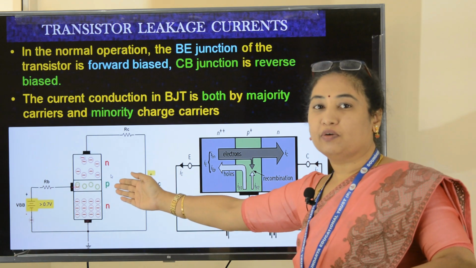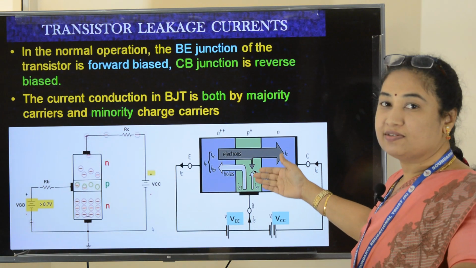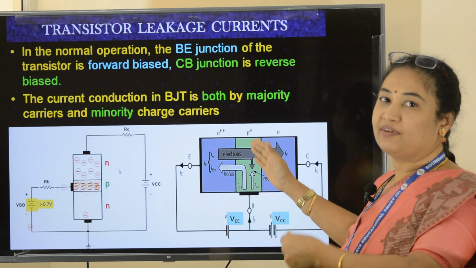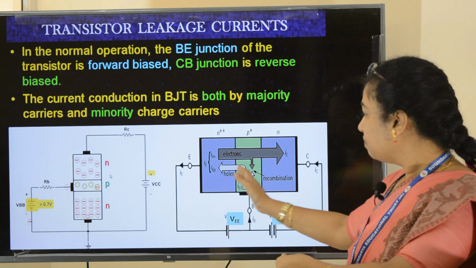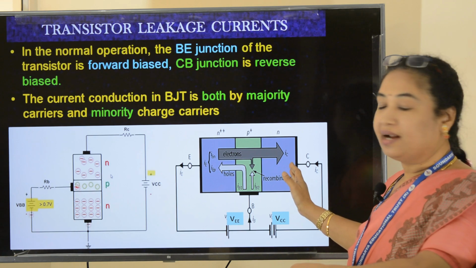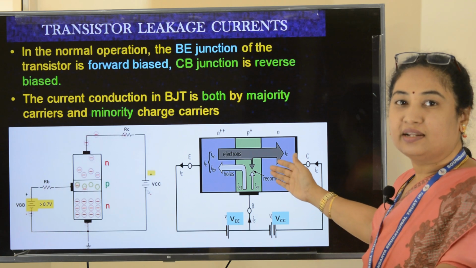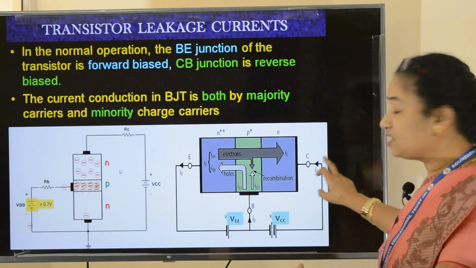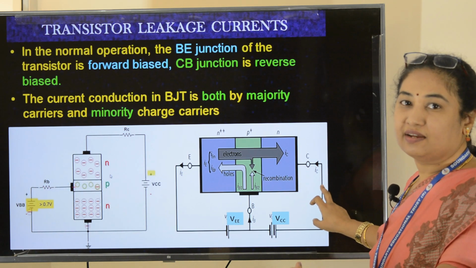Few of them will recombine in the base and give rise to base current IB, and the remaining 90% or 95% of the charge carriers move on to the collector section and reach the collector, and this gives rise to collector current. But the second section, that is the output section, is reverse biased.